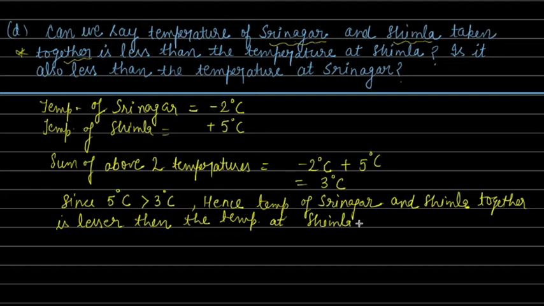So this was the first part. We have added up and we have compared that 3 degrees Celsius is lesser than 5 degrees Celsius. Therefore, their sum is less than the temperature of Shimla.